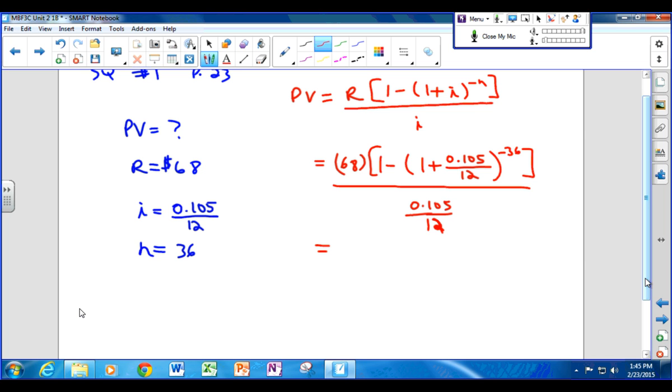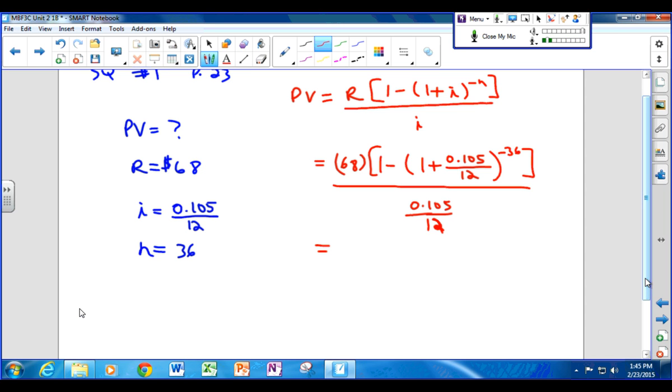All right, well let's try this. 0.105 divided by 12 plus 1 to the power negative 36. We got that number. And then it's 1 minus that, and I'm using my second answer button, which is like a memory button. So now I have it. And now I'm going to multiply that by 68, and then multiply that by 12.